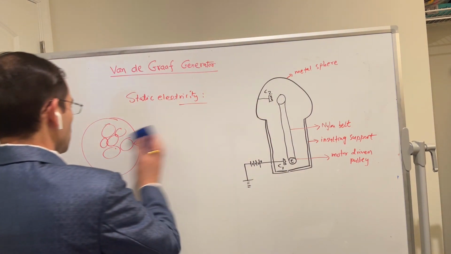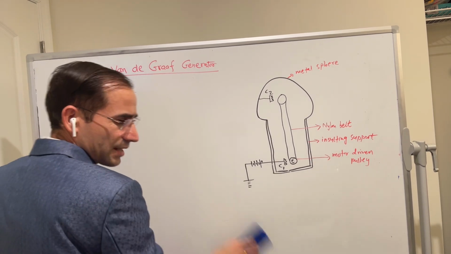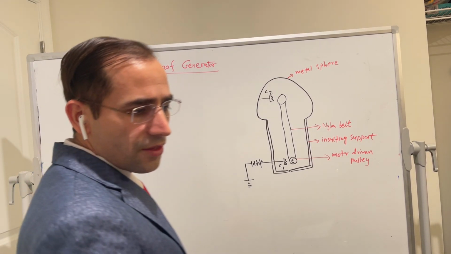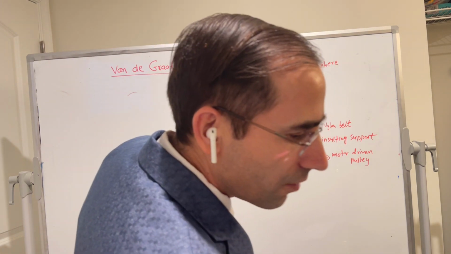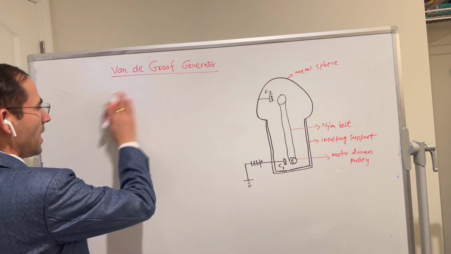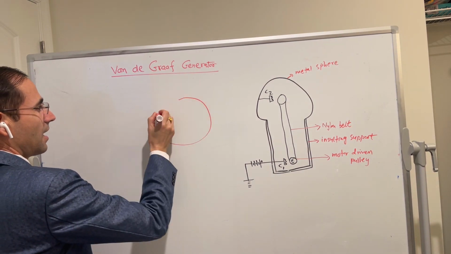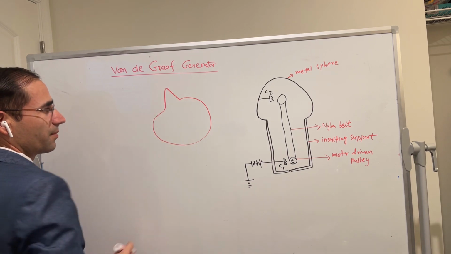Now, to understand the Van de Graaff generator, two concepts are very important. The first concept is, suppose you have a surface like that, and now it has a pointed surface.